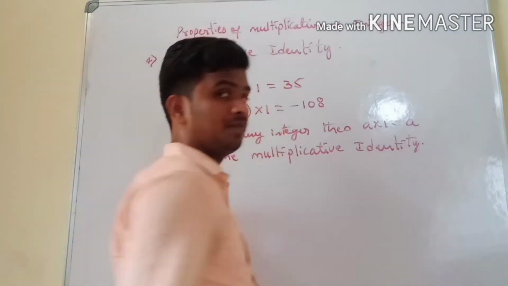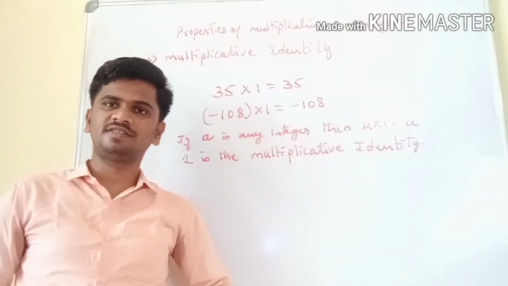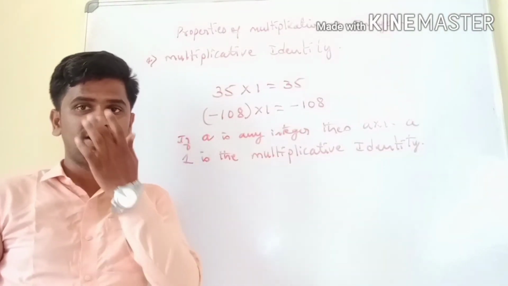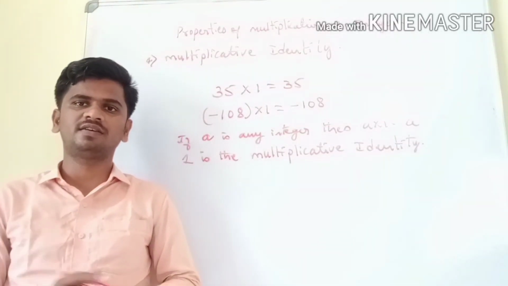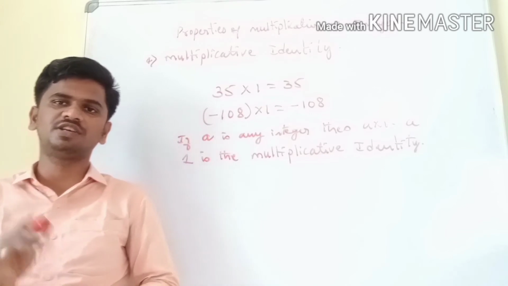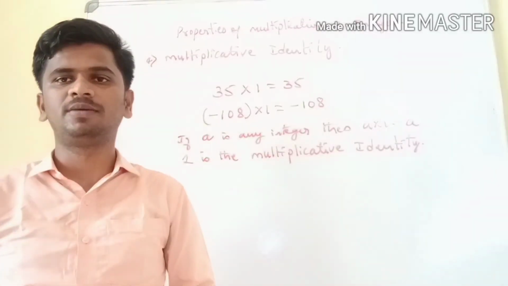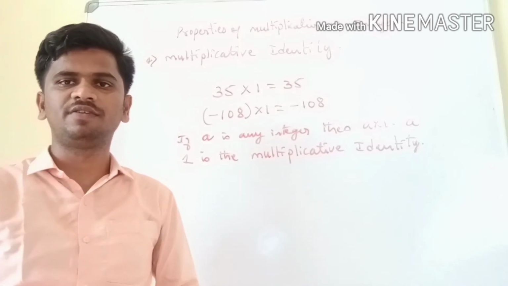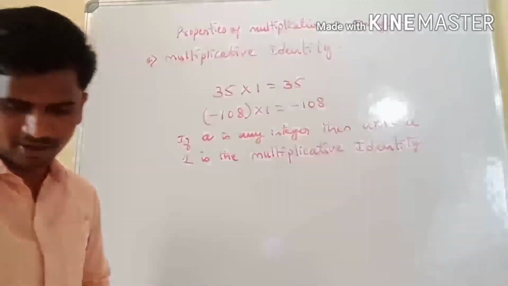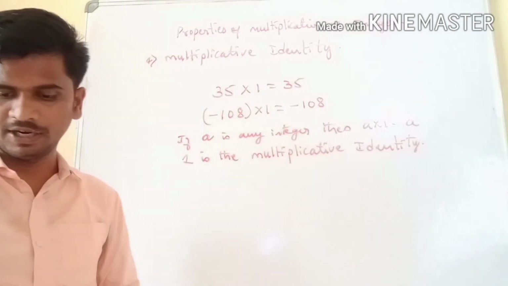Then you recall what is the additive identity? Additive identity is nothing but 0, because if we add 0 to any number, or any number to 0, you will get that number itself. That's why 0 is called additive identity. Here 1 is called multiplicative identity, because if you multiply any number by 1, again you will get the same number.